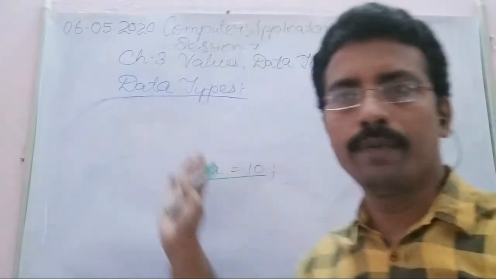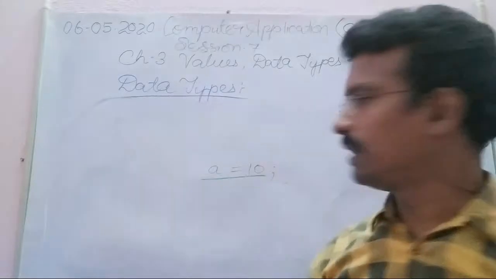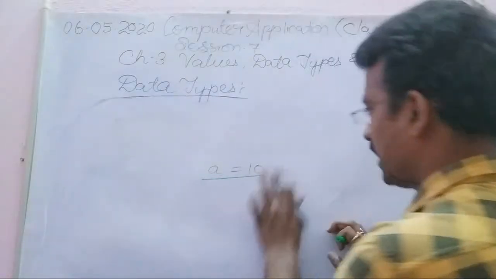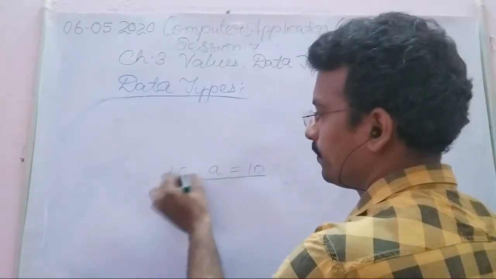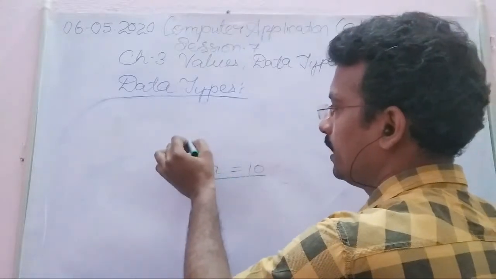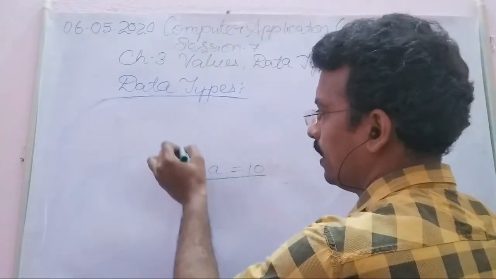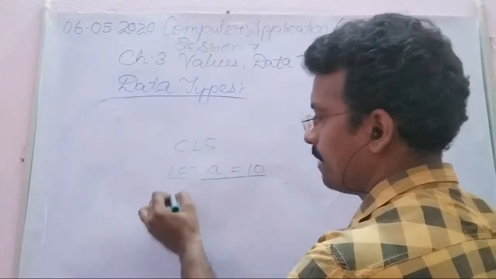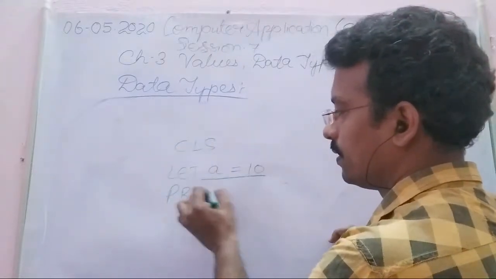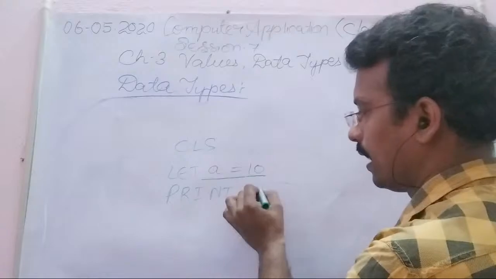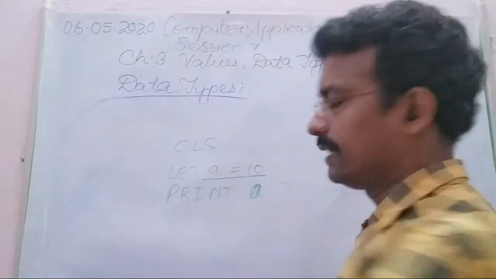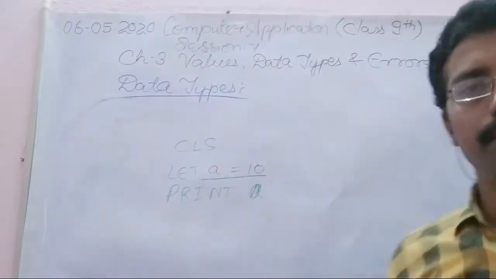It is not like QBasic. In QBasic, normally we write the program like this: let A is equal to 10, CLS and print A. So it is going to print 10.